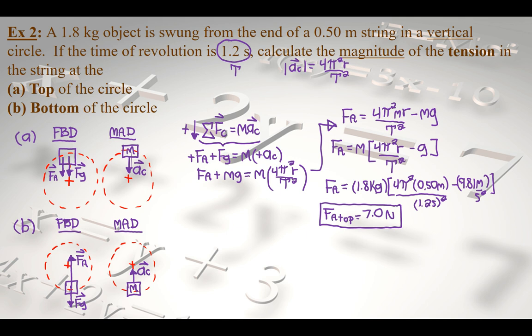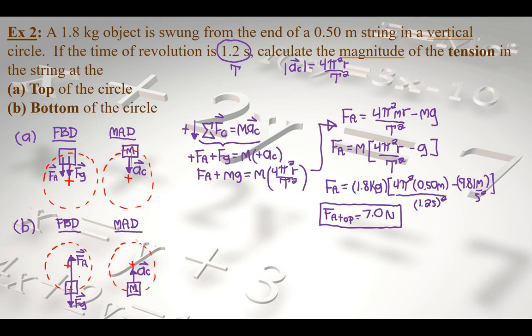So if you think about it for a second, look what's happening here. At the very top of the circle, FA and FG are both pointing towards the center. They're both centripetal forces. They're both helping provide this acceleration. Now, in this scenario, FA is your centripetal force because it points towards the center, but FG is not helping. FG is actually trying to get you to go out of the circle.